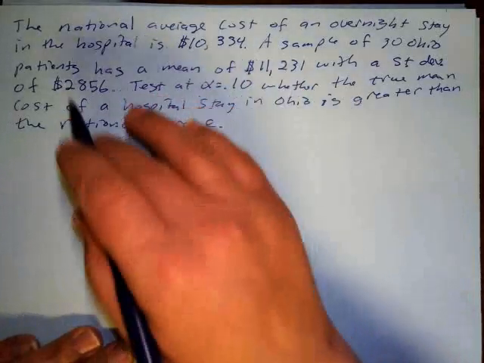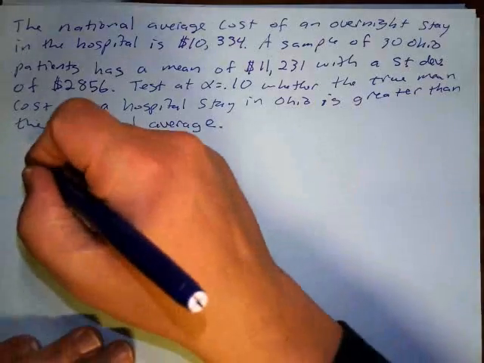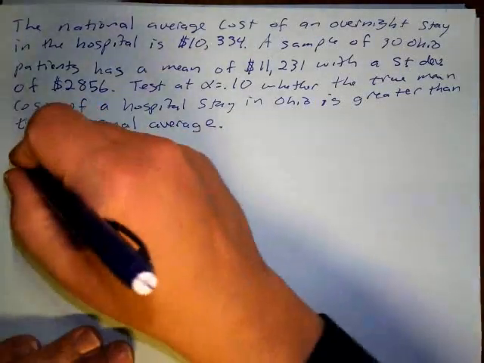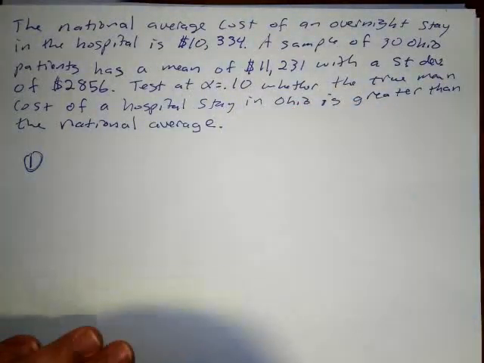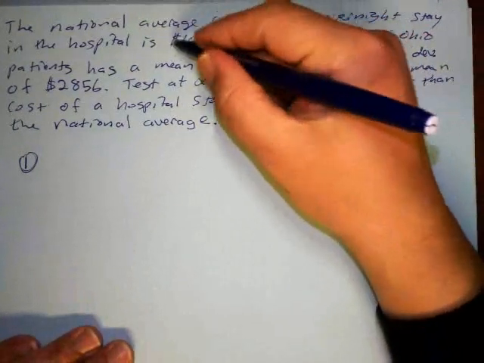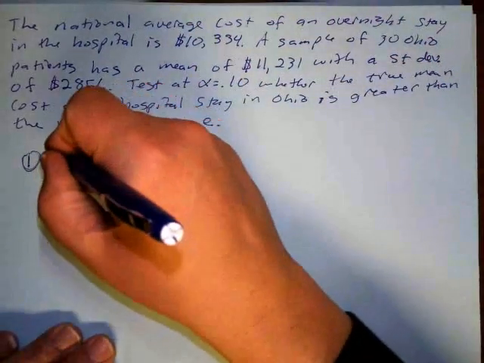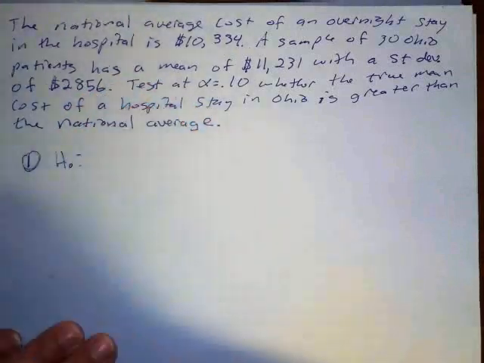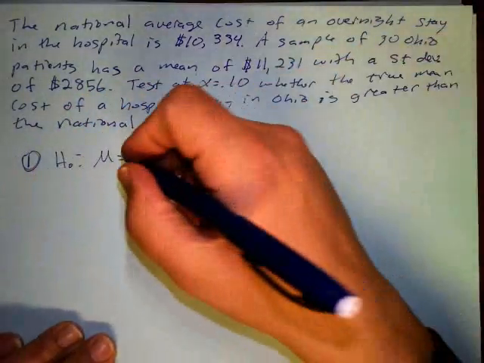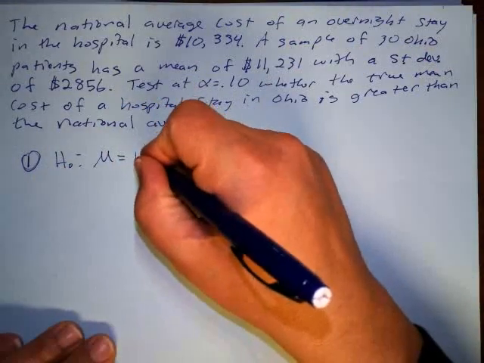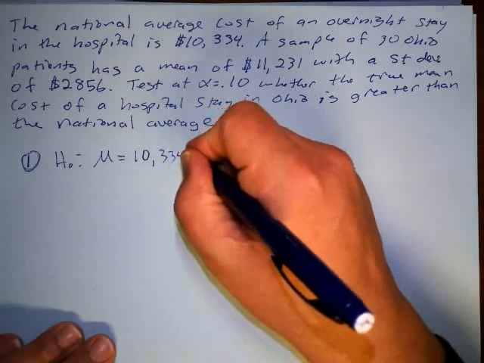So this sample is taken from Ohio, and I want to see if the mean in Ohio is actually greater than this national average. The national average is our hypothesized mean, and the null hypothesis says there is no difference: the true mean of Ohio is equal to 10,334.